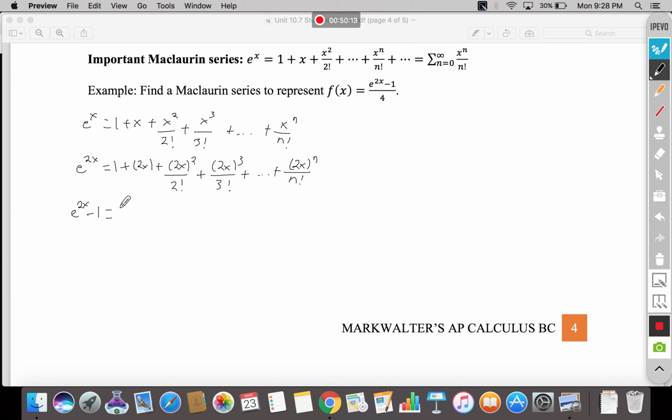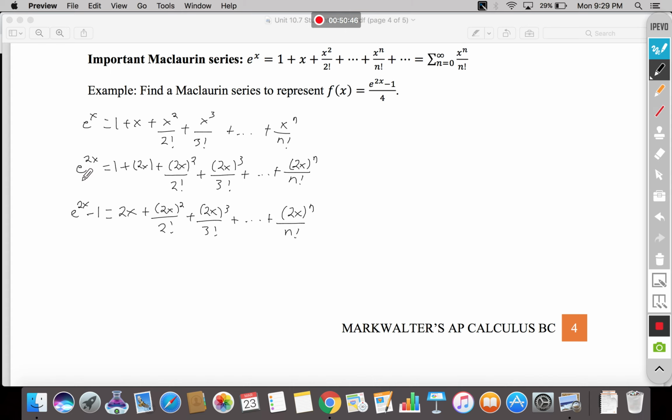I'll lose that 1, and I get 2x plus 2x squared over 2 factorial plus 2x cubed over 3 factorial plus and so on plus 2x to the n over n factorial, right? Basically, I just shifted it back by losing that 1.